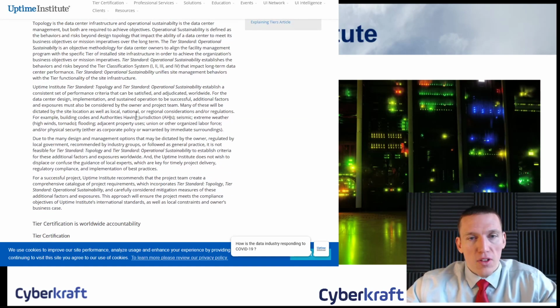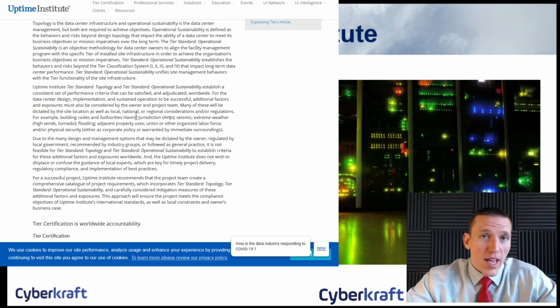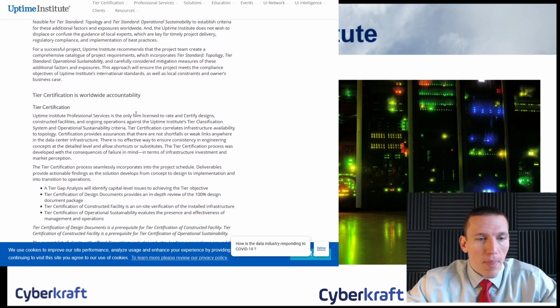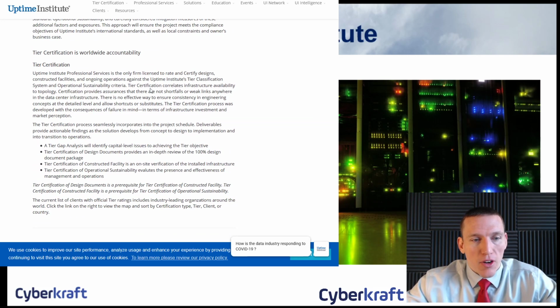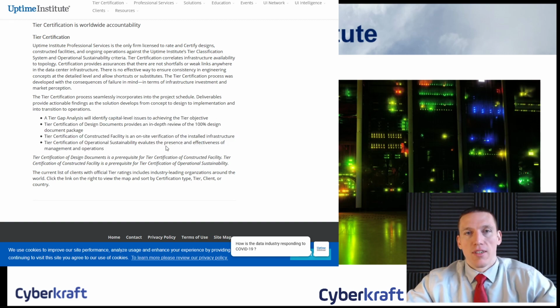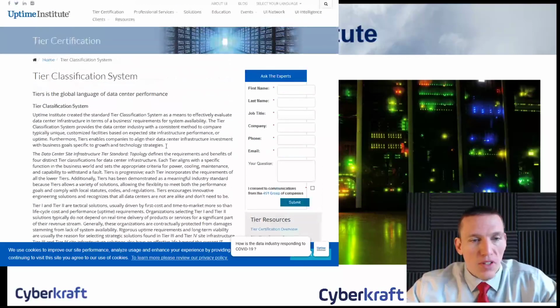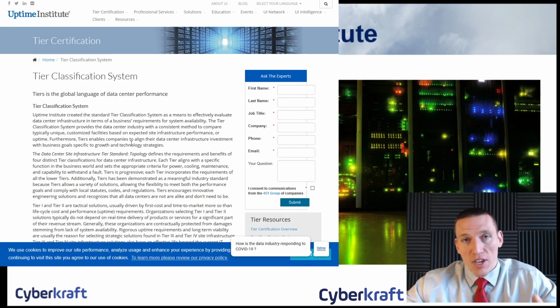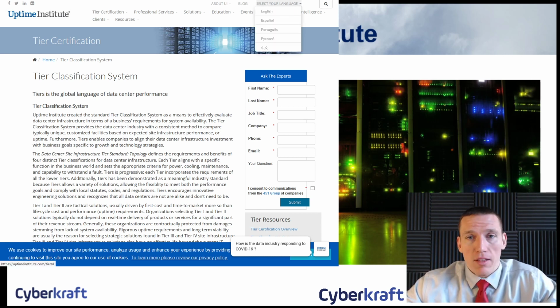So the Uptime Institute has been criticized for being very vague with their guidelines, but at the same time, their guidelines do provide a very good classification system, I think. They are purposely vague, in my opinion, because each data center needs to be evaluated on its own terms.